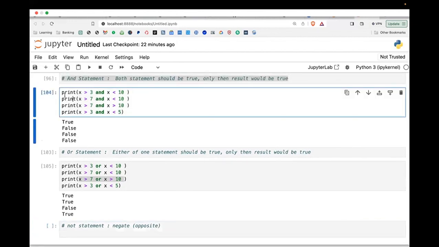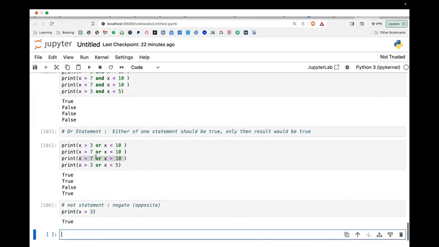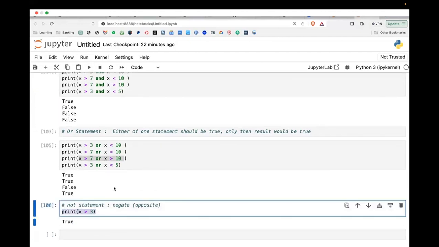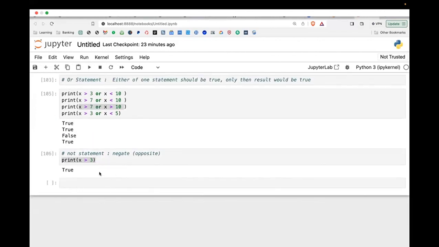If I write print x is greater than 3, what is your answer? Anyone in the class, can you tell me what is this answer? This is true because your x is 6.